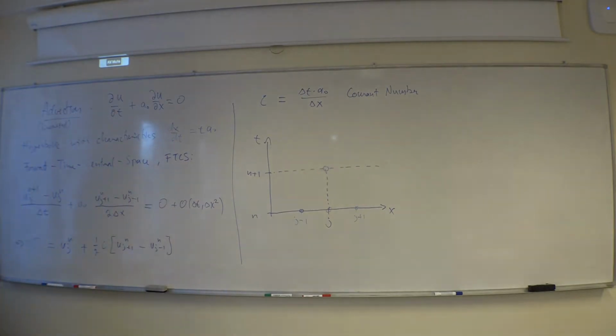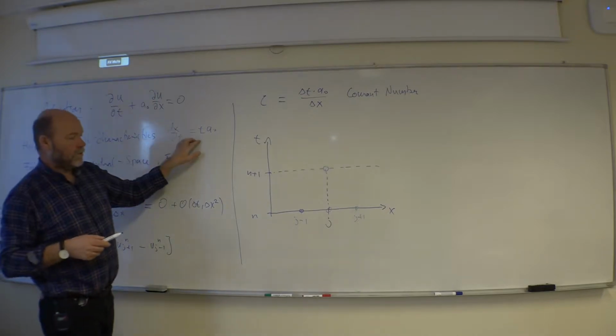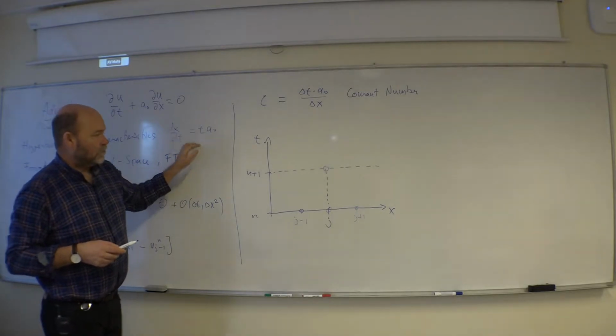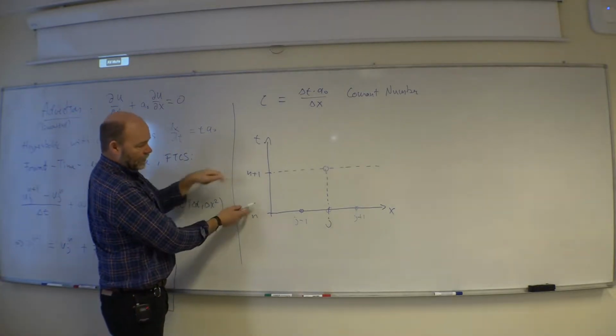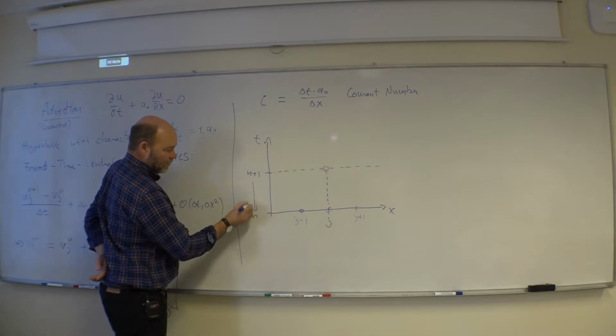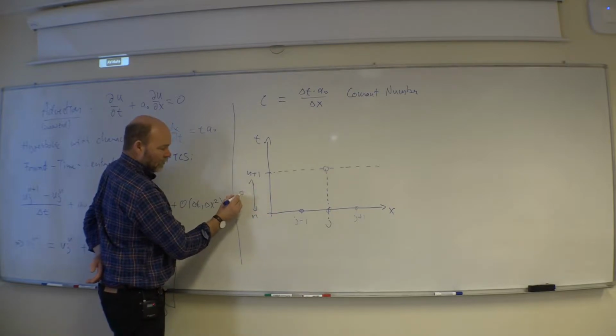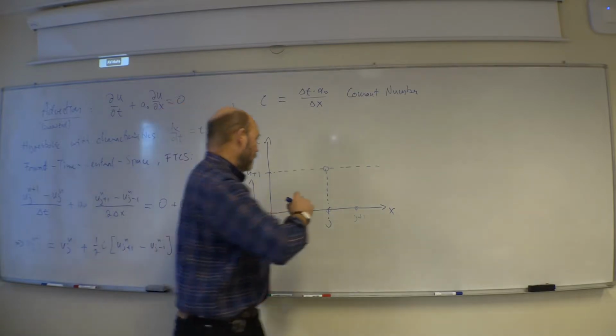What was the philosophy then when you have a hyperbolic system? The information is traveling along the characteristic lines. So my choice of delta t, the distance here, you can sort of see it geometrically.